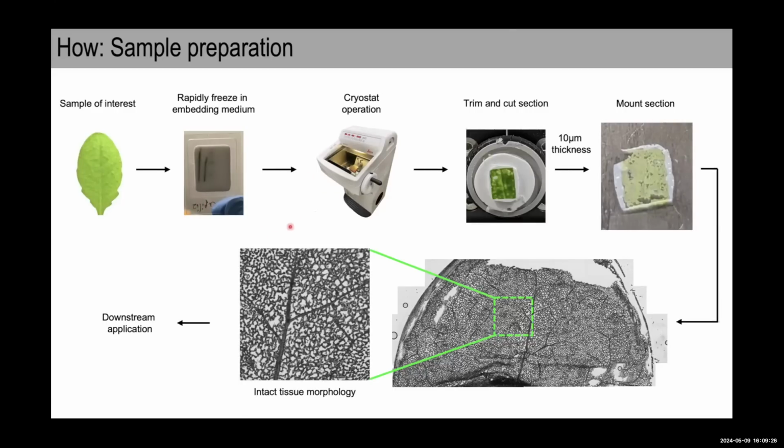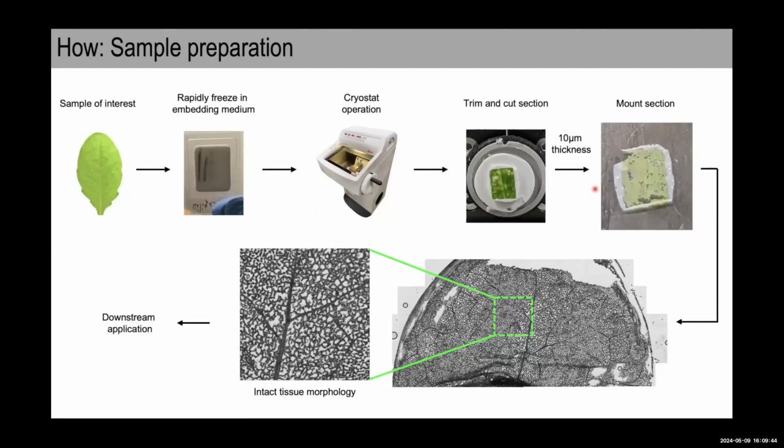And then cutting that into a thin section in a cryostat, which is essentially just a temperature-controlled microtome. Once you're in the microtome, you're going to enter your sample and cut a 10 micron thick section that looks like this.